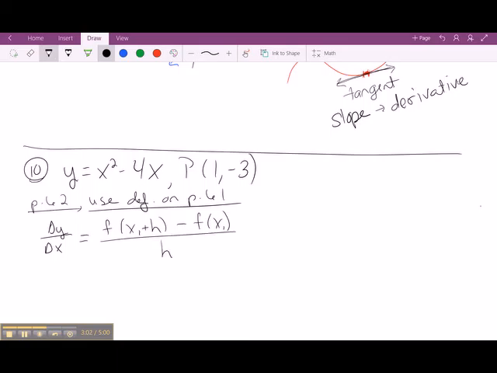This is giving us the slope of a secant, but we're going to think of those 2 points as being the same. Like I said, whenever you find a tangent, you basically have taken 2 points that are on a secant line, and you're letting one of those points approach the other. So basically that's the method that we're going to use on these.